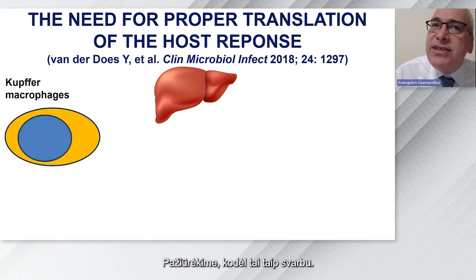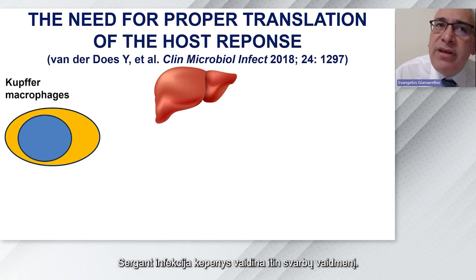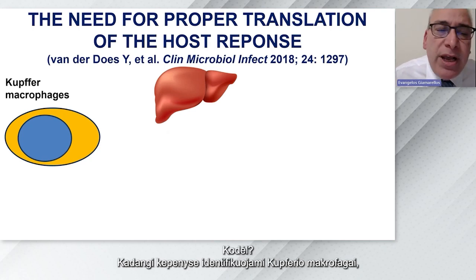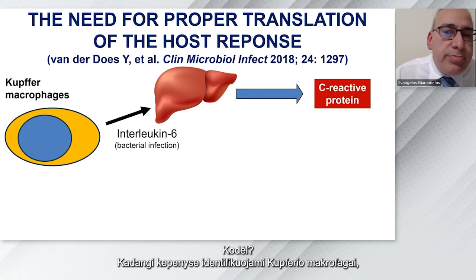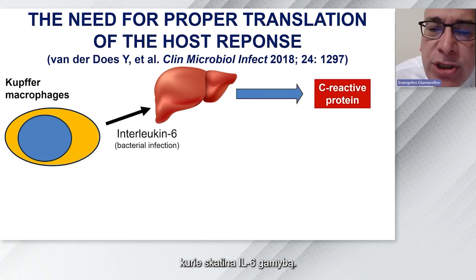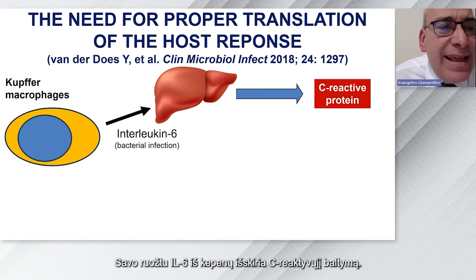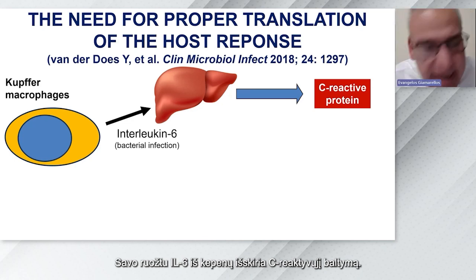Let's see why this is so important. When there is infection, the liver plays a major role. Why? Because in the liver, you identify the Kupffer macrophages, which stimulate the production of IL-6, and IL-6 in turn leads to the production of C-reactive protein from the liver.